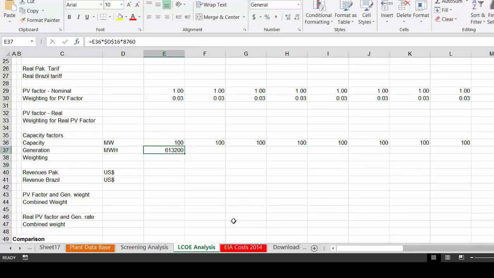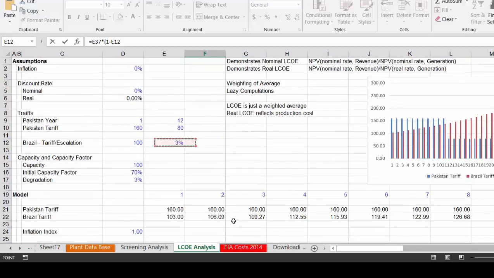Okay, and then let's take this one and subtract the, how about just put a degradation times 1 minus the degradation factor.